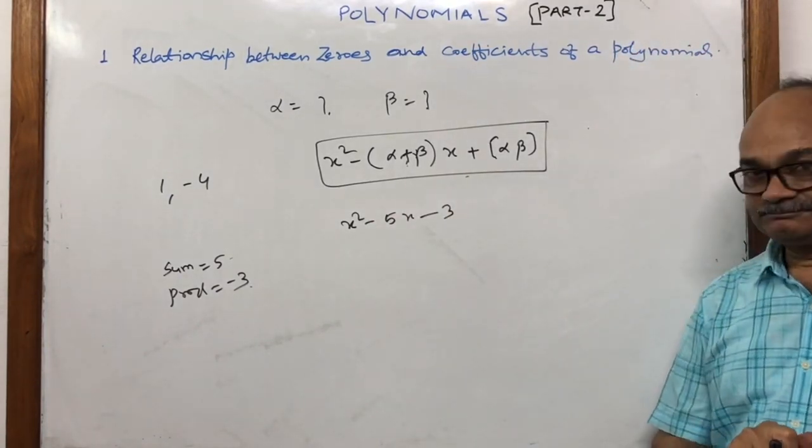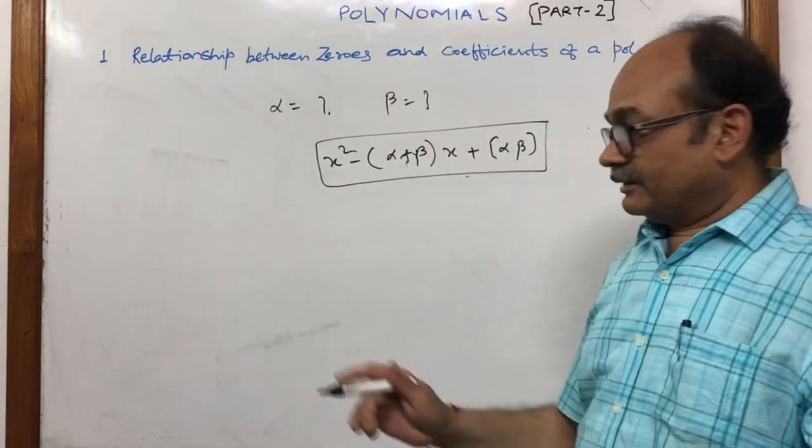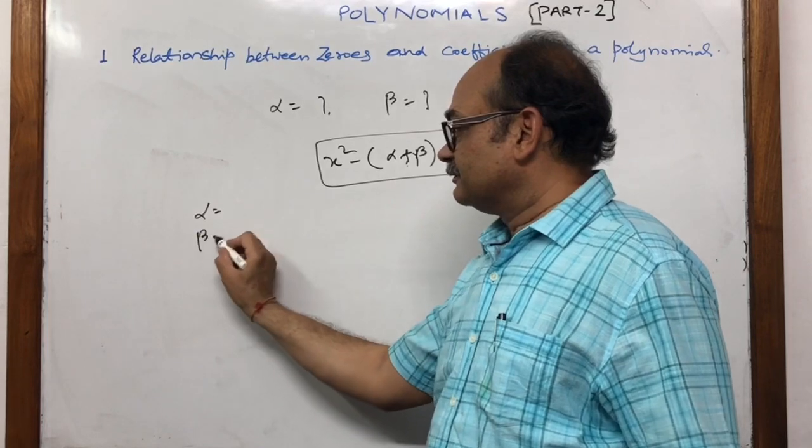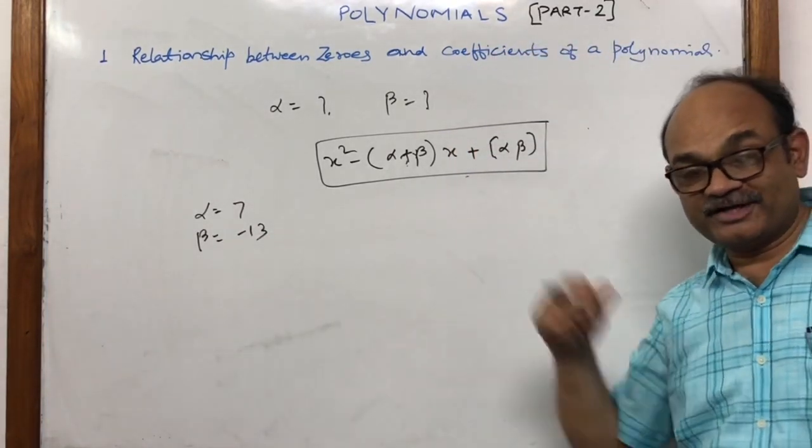Answer. One more. Zeros are 7 and minus 13. Form the quadratic polynomial.